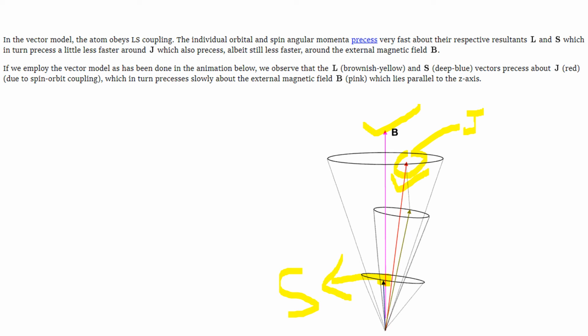First L and S are moving, then J is moving. This is the vector atom model, as various values are possible. If we apply the vector atomic model as has been done here, we observe that the brownish yellow and deep blue vectors precess about J, which is parallel to the z-axis.